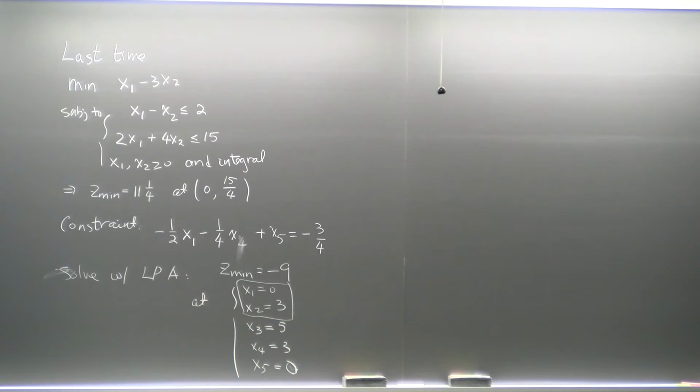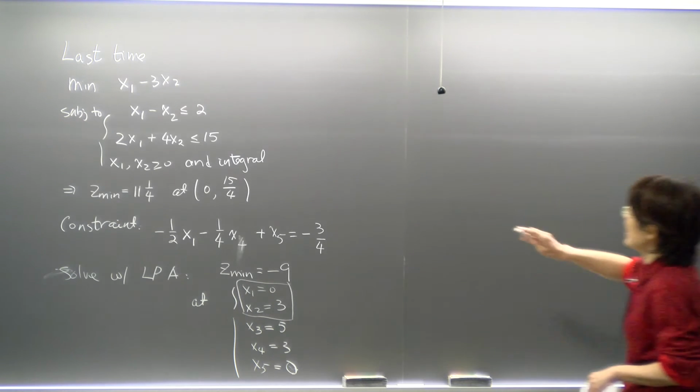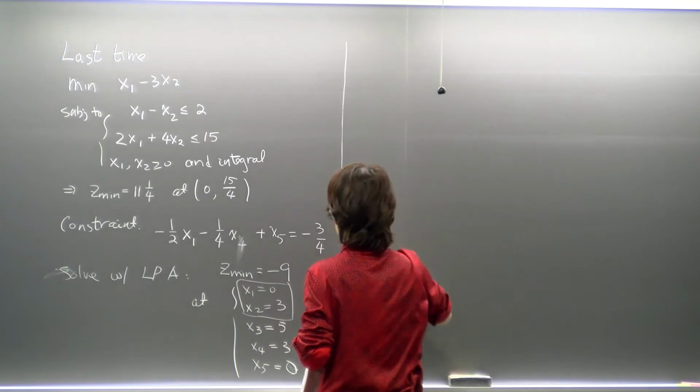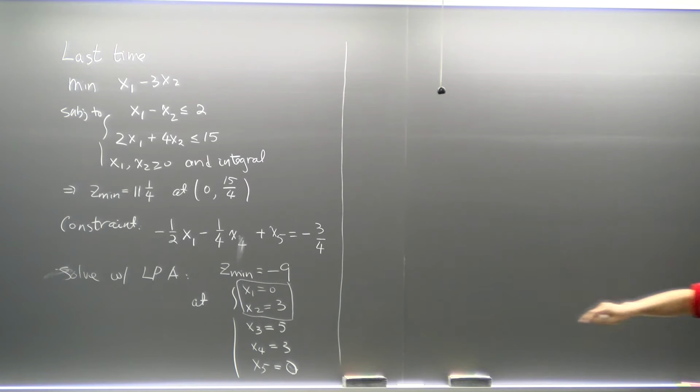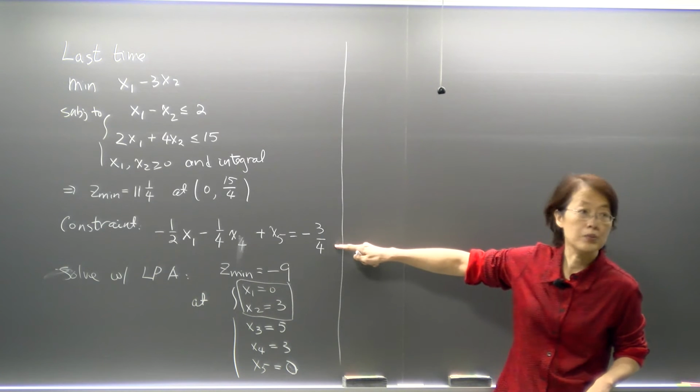So is it clear how this is being carried out? Okay. So procedurally speaking, let's hope this is clear. And what I want to do next will be to give an explanation of what is happening here. What does this constraint do to my problem?